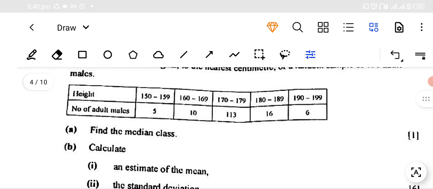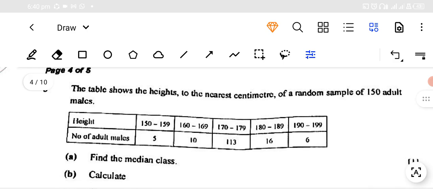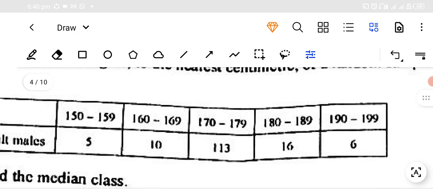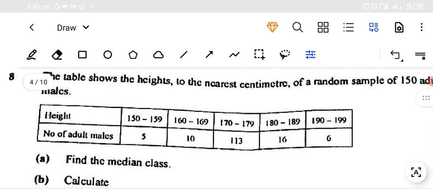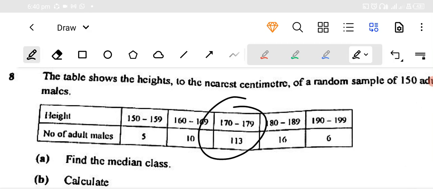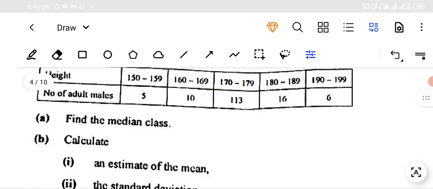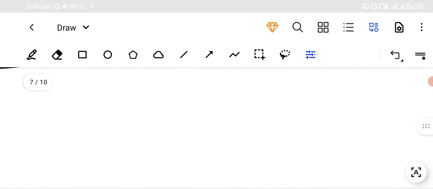I believe that must be a 5. Yeah, that's a 5. Okay, so I have a 5 plus a 10, which is 15, plus 113, which is 128. So the median is falling in this class, which is 170 to 179. That's the median class.